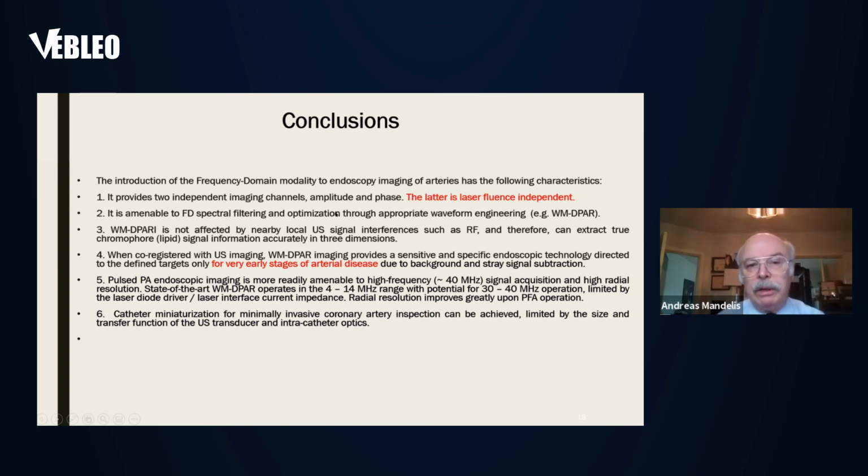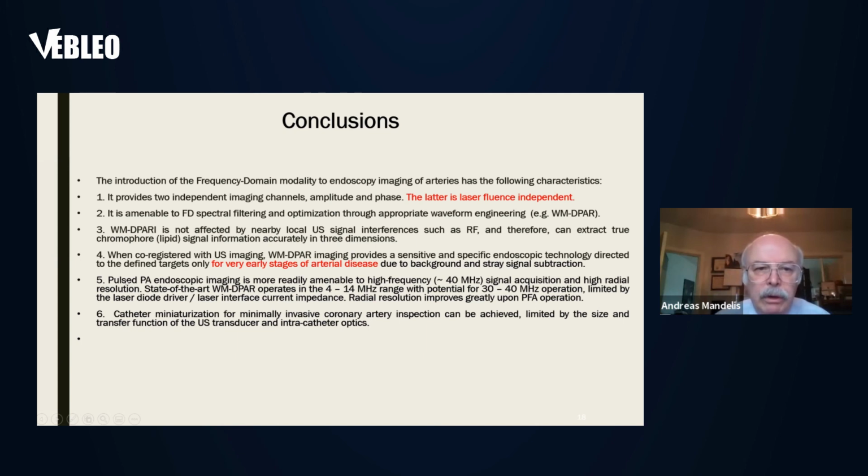There's all sorts of things you can do to optimize the signal. The wavelength modulated differential ForAcoustic radar is not affected by signal interferences such as radio frequency, because you can normalize those out and therefore get the true imaging response of the system.